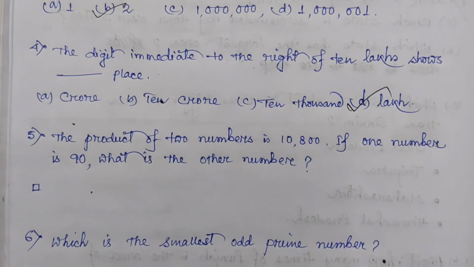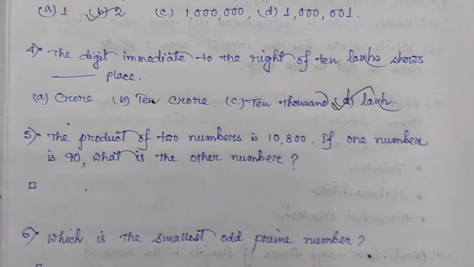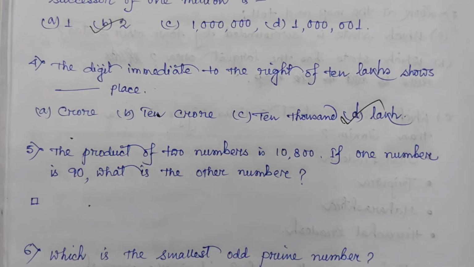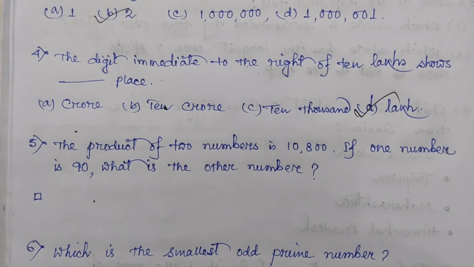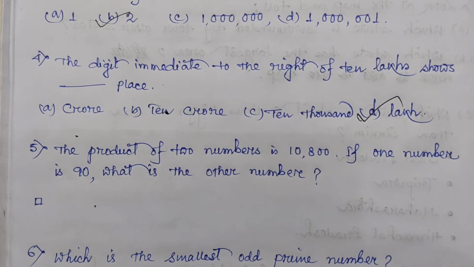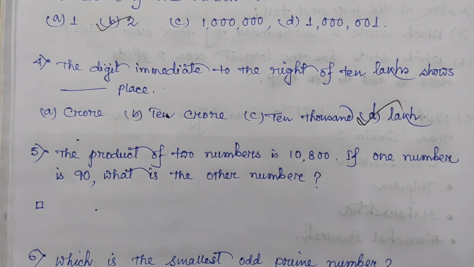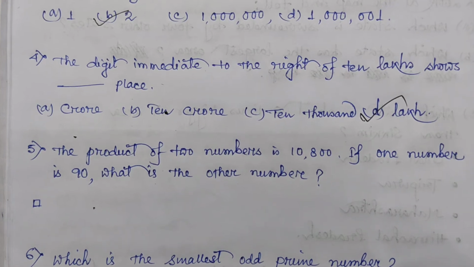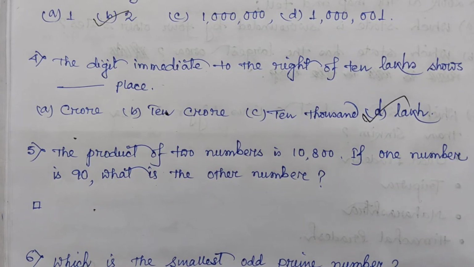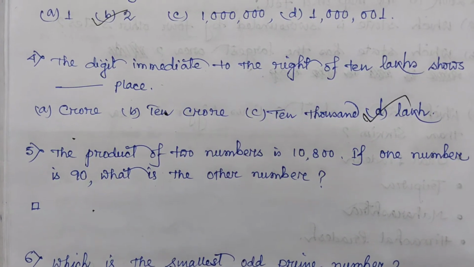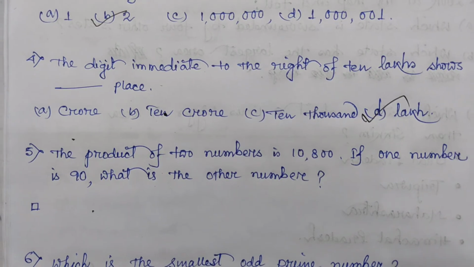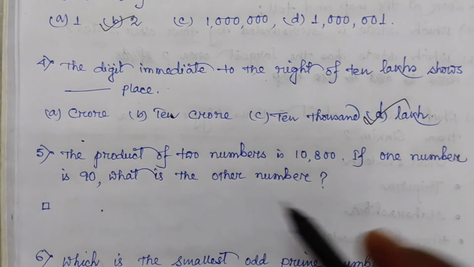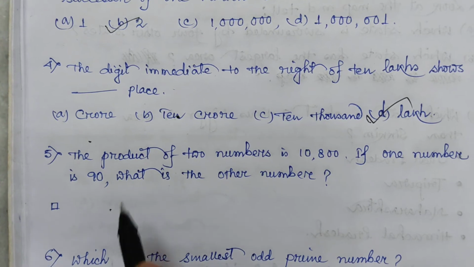Next, number 5. The product of two numbers is 10,800. If one number is 90, what is the other number? So how can we get the other number?